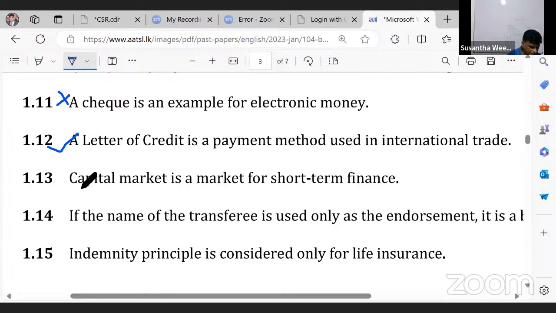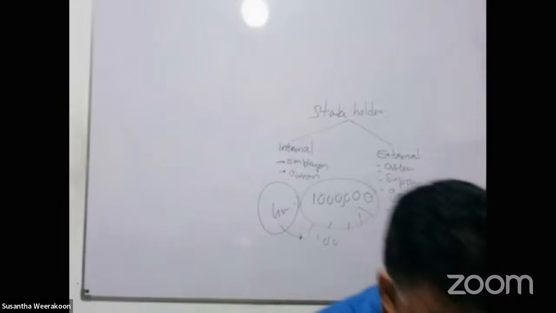The finance market, the entire finance market, we can divide into two: money market and capital market.